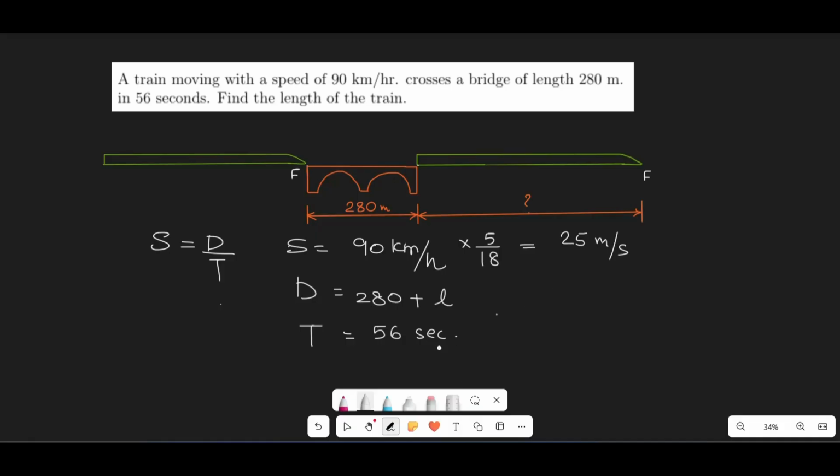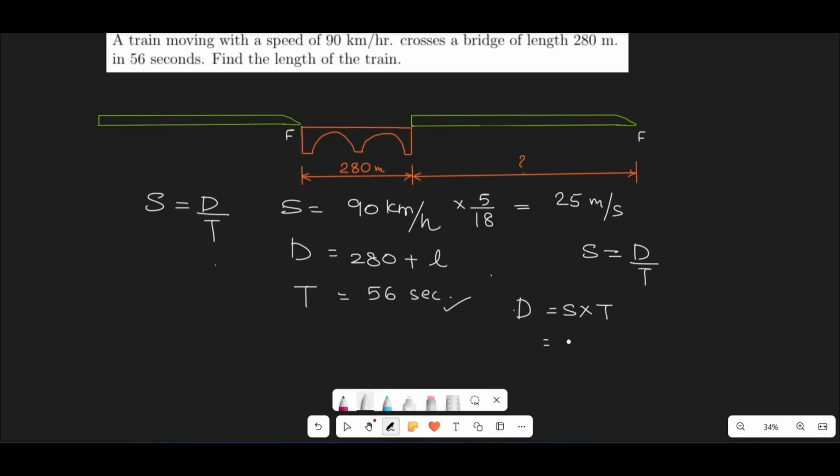So we got the speed, we know the time, we will get the distance. Speed is equal to distance upon time, so distance is equal to speed into time. Here speed is 25, time is 56. After multiplying 25 and 56, we get the distance equal to 1400 meters.